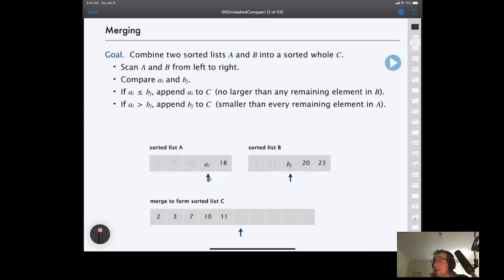So in this case, we are pointing to A and I on the left-hand side and to B and J on the right-hand side. And depending on the outcome of the comparison, either B or A will come to the final destination. And when that happens, the corresponding pointer is advanced one position.